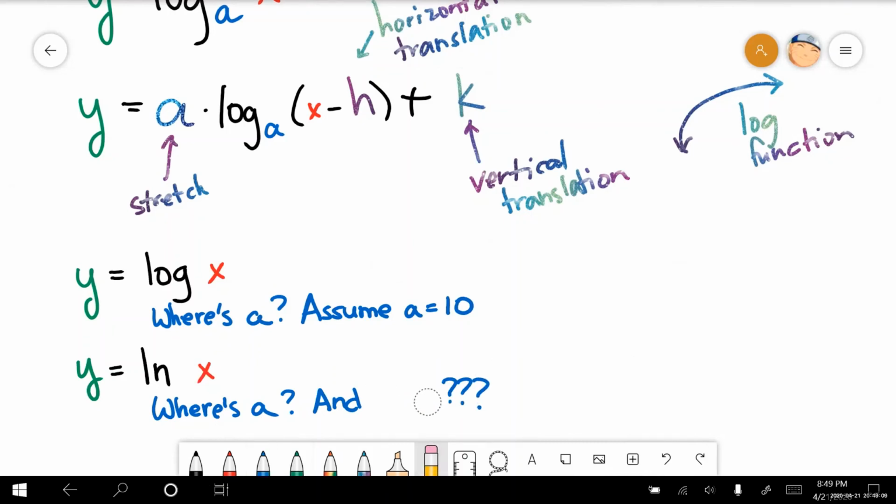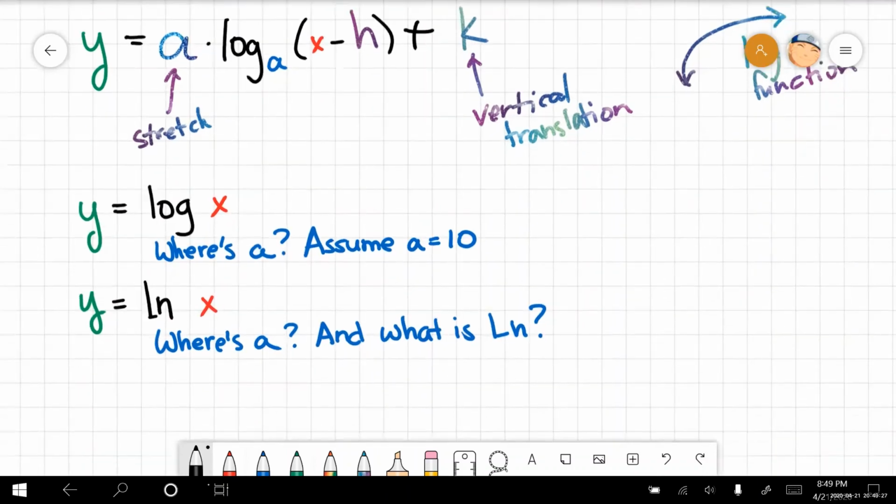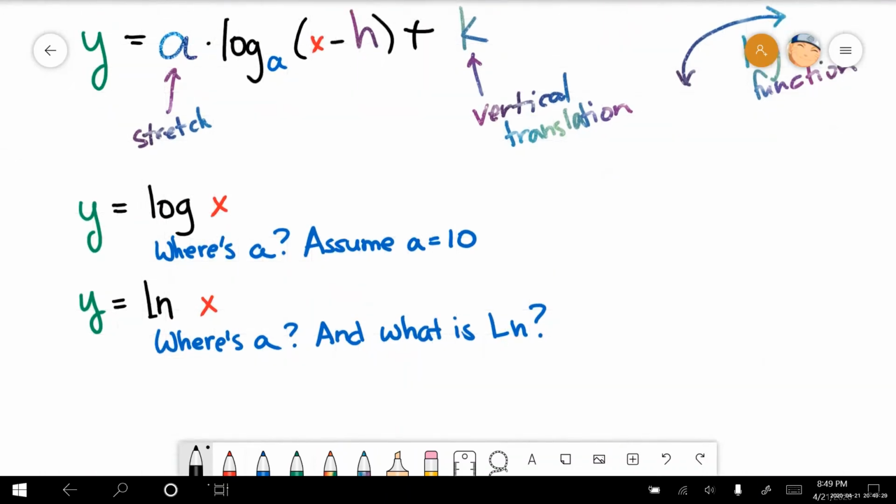Oh, I can't write and talk at the same time. It's usually written with a lowercase l, but I suppose I should write it as an uppercase L so it doesn't look like the number 1. ln.